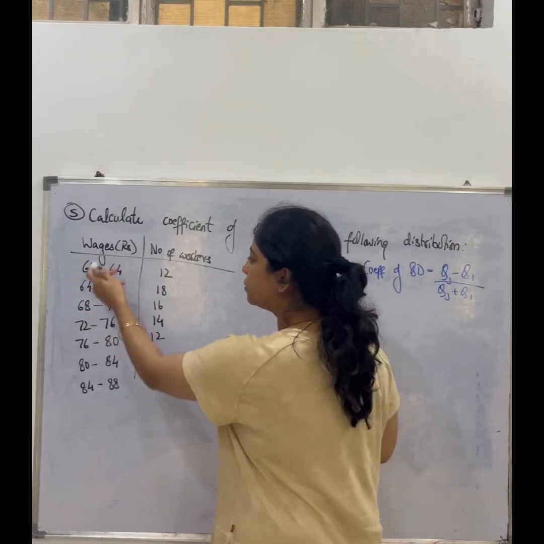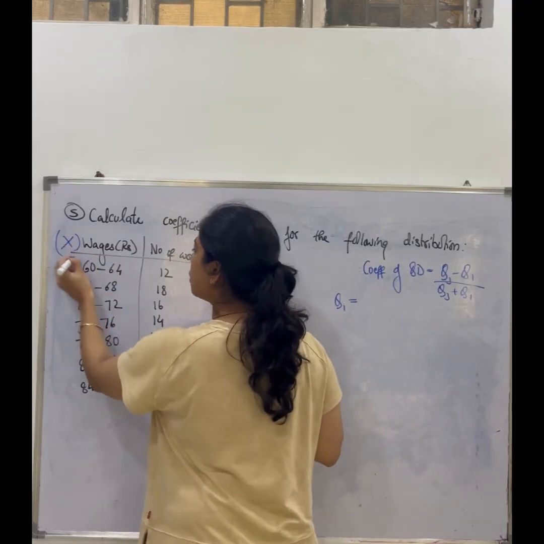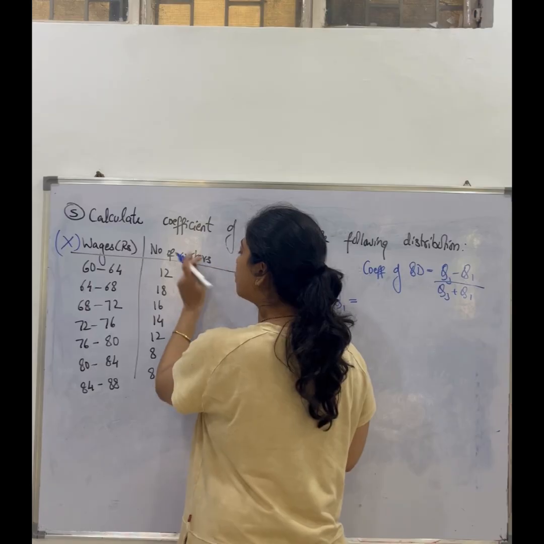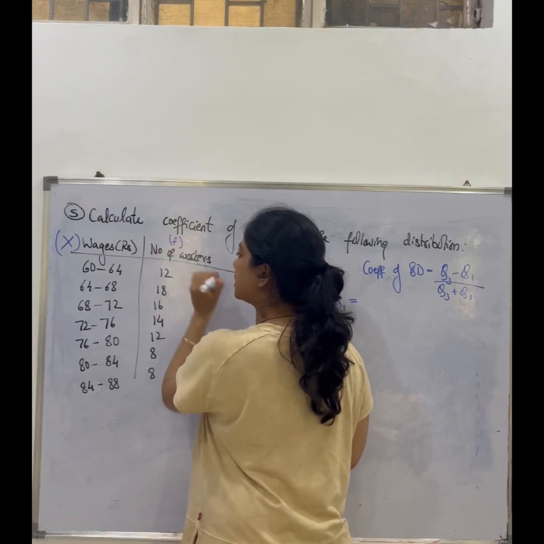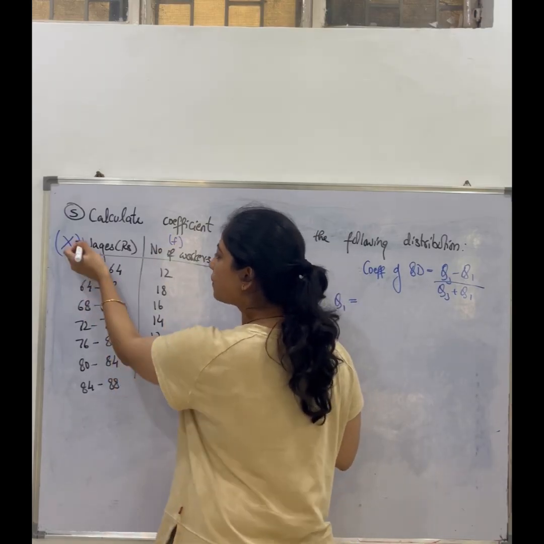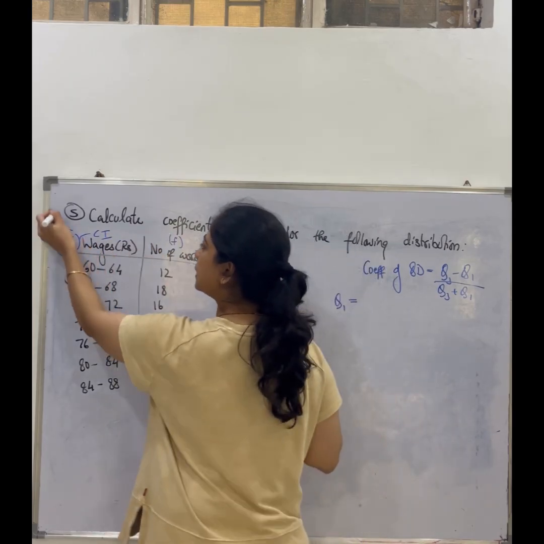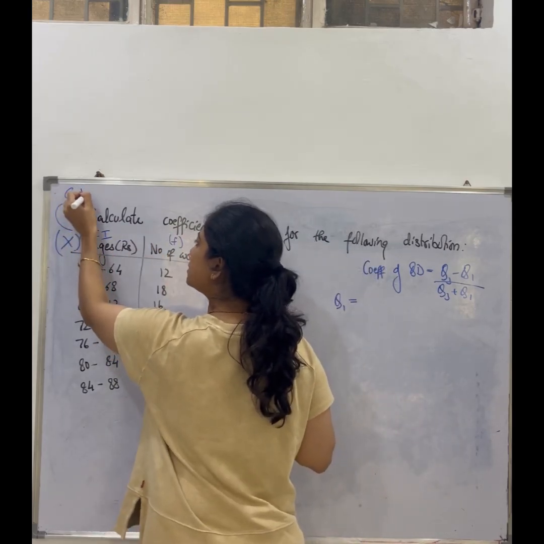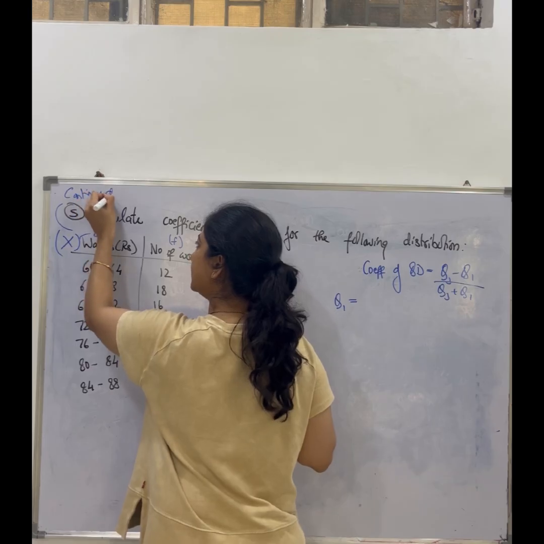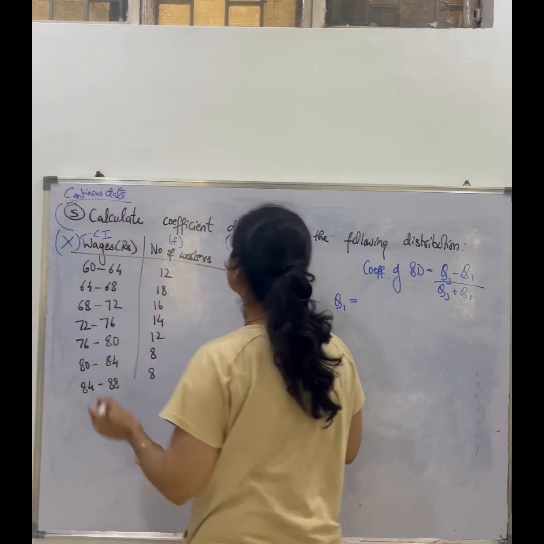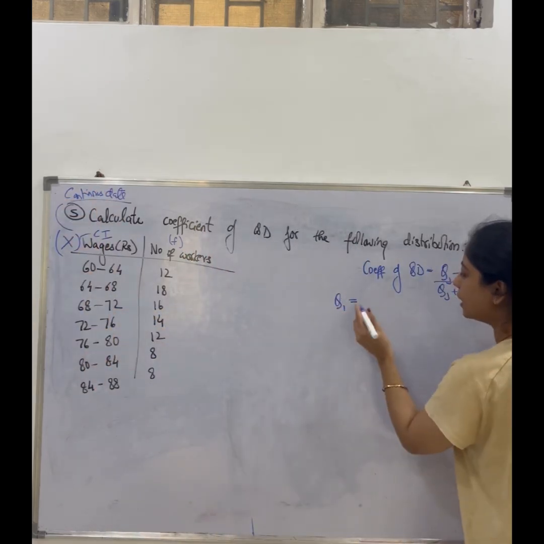Now we have wages given to us, which is X. We have number of workers given to us, which is your frequency. But this X is in the form of class intervals. When class interval is attached with frequency, it is called continuous data. When your data is continuous, what formula applies for Q1?